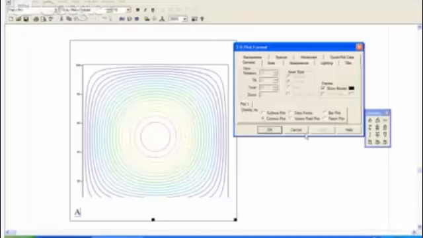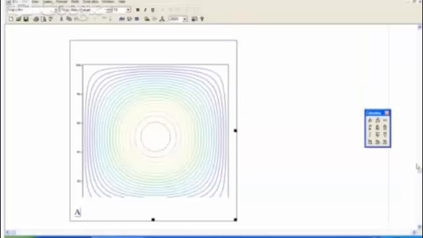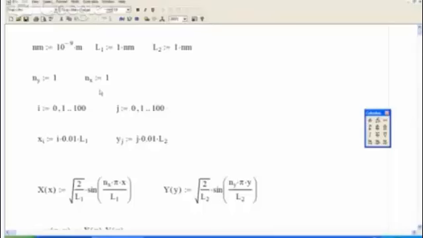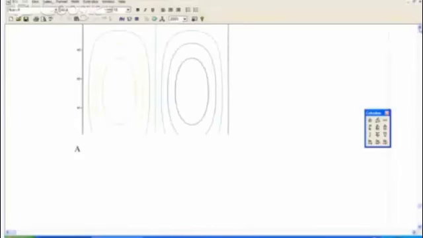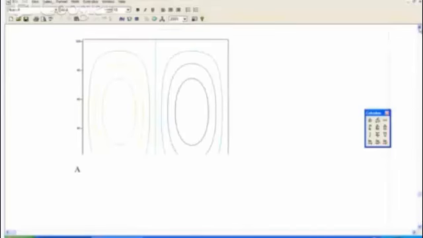Now let's see what happens if we were to change our n sub x and n sub y. If you remember, if we make n sub x equals 2, you're going to get a node at x equals L1 over 2. And if you did that, MathCAD is now recalculating. So this is your x-axis right here.